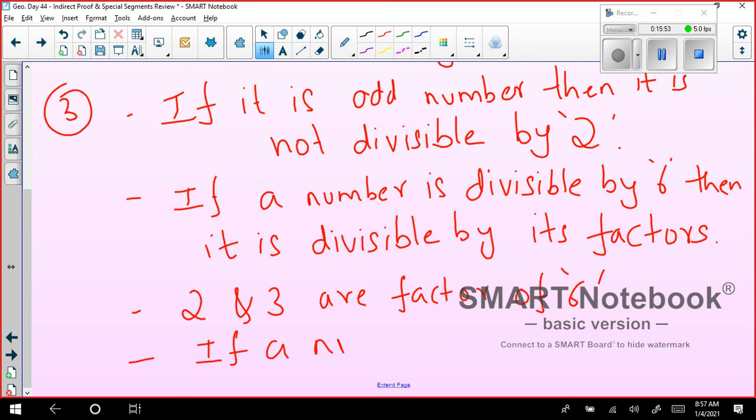if a number is divisible by 6, then it is divisible by 2 also because of this previous step.